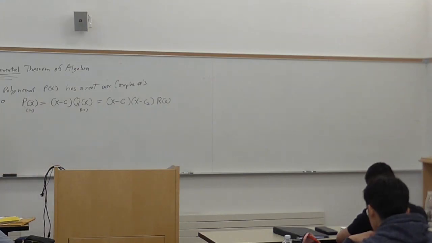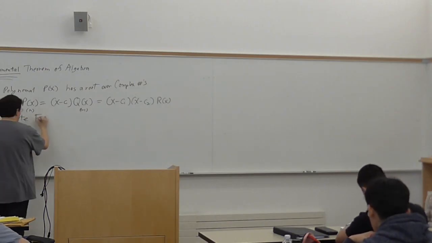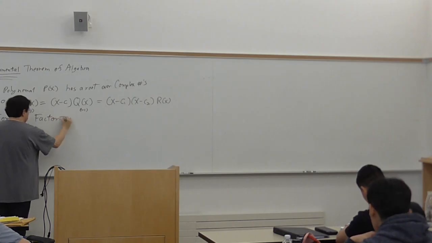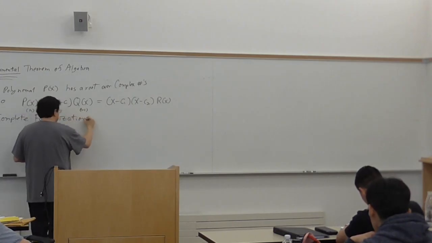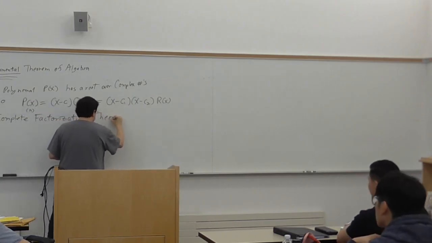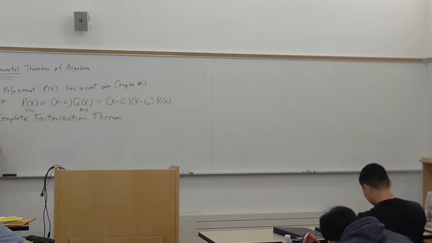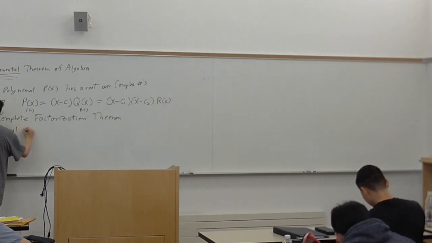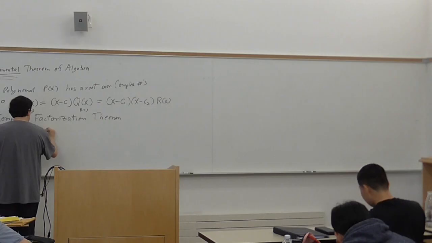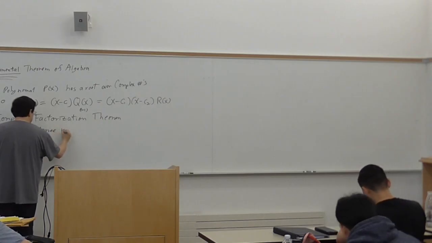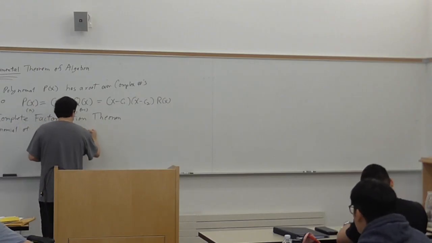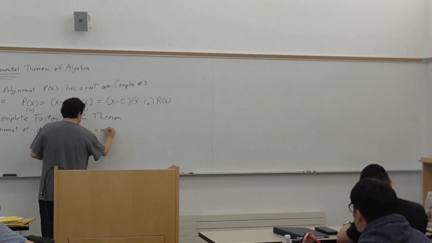So we have what we call the complete factorization theorem that says that a polynomial of degree n has n roots.